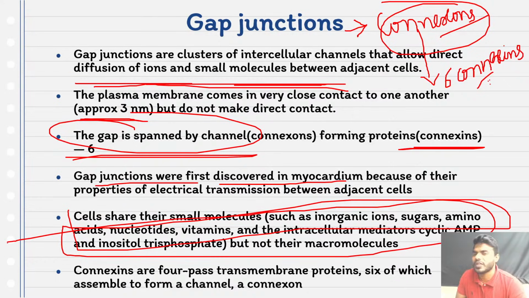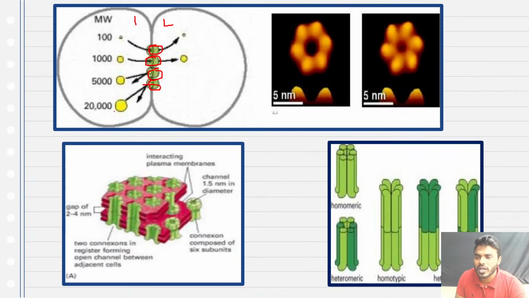But none of the macromolecules like polysaccharides, lipids, or proteins can be transported. Only molecules up to 1000 dalton molecular weight can be transported. You can see the picture very clearly. If it is more than that, they never ever transport through these gap junctions.